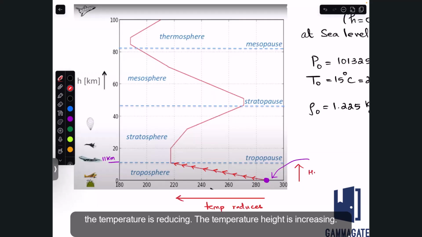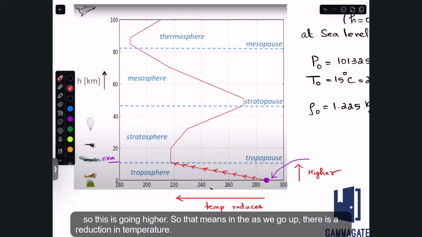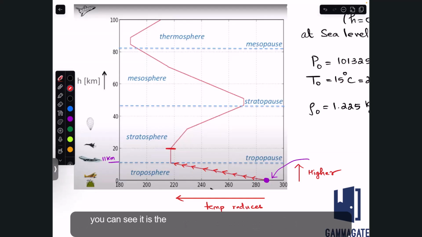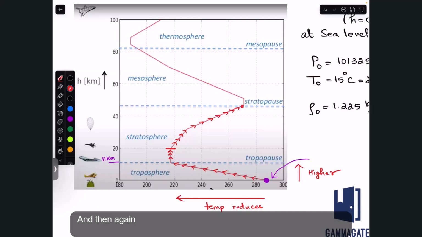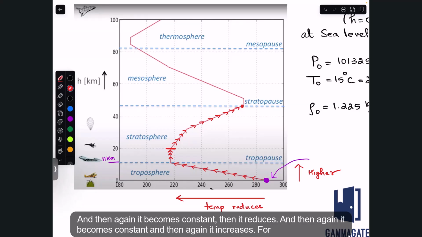So in the troposphere, as we go up, there is a reduction in temperature. Then from 11 kilometers to 20 kilometers, the temperature remains constant. Then in the stratosphere, the temperature goes on increasing, and then again it becomes constant, then it reduces, then becomes constant, and then again it increases.